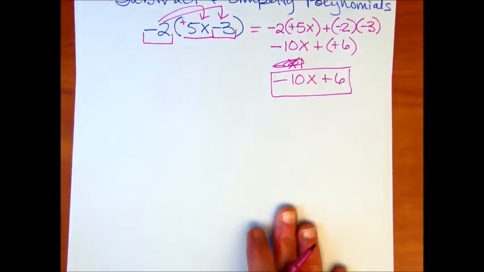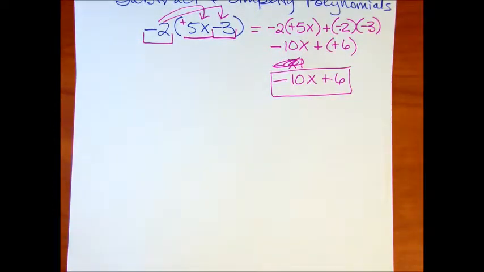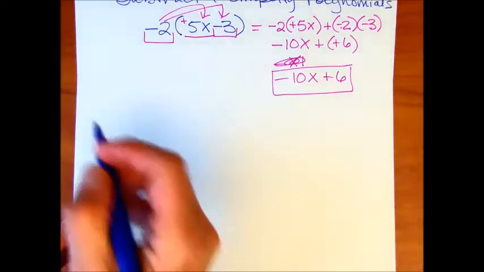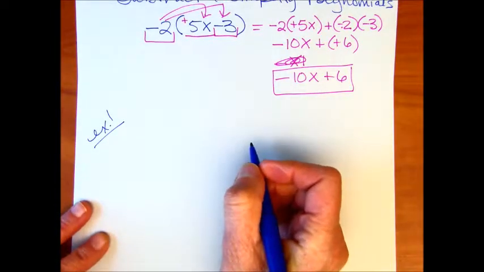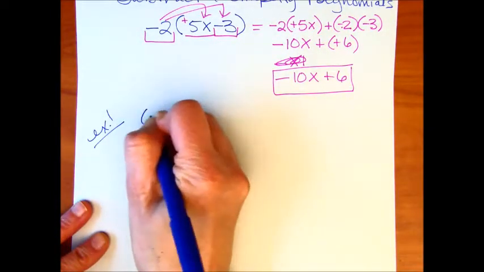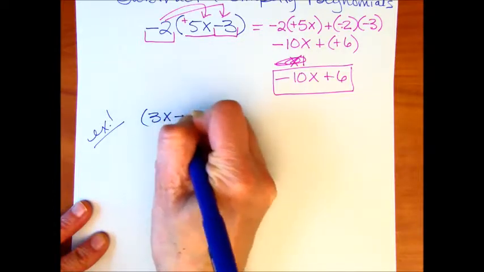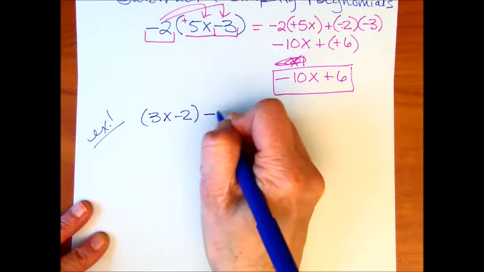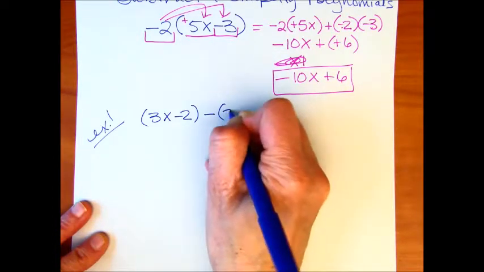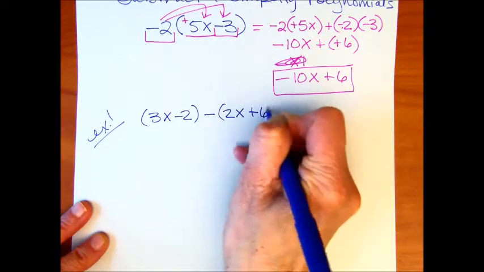Okay, let's do some subtraction with polynomials and see how this works out with the distributive property. In this first example, we're going to subtract a binomial from a binomial. Here we have 3x minus 2, and then we're going to subtract from that quantity another binomial, which would be 2x plus 6.